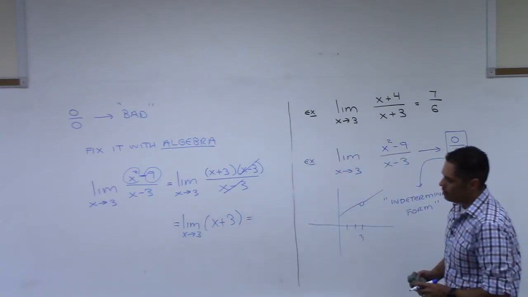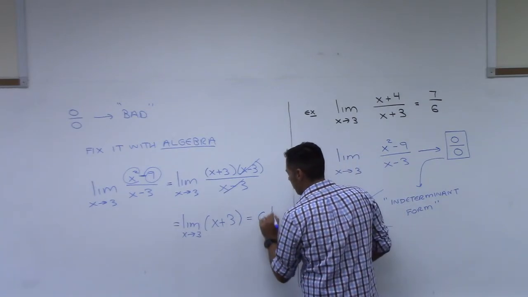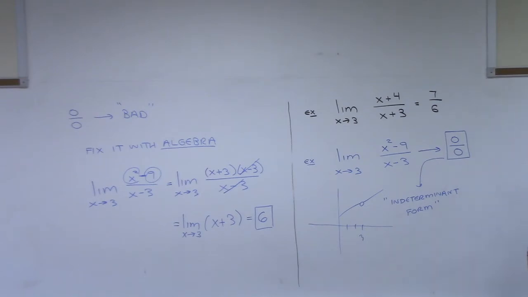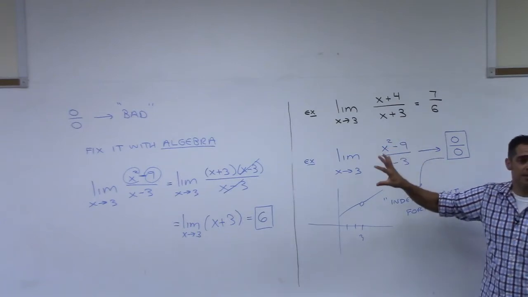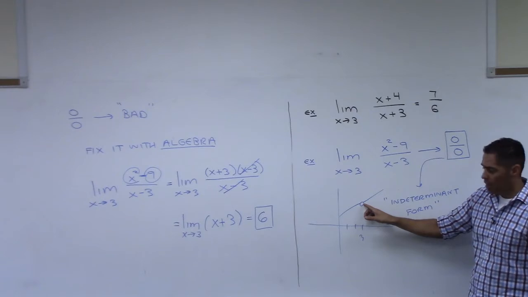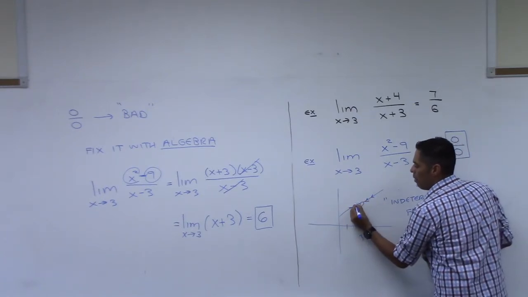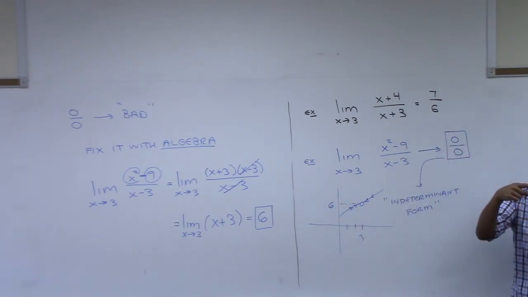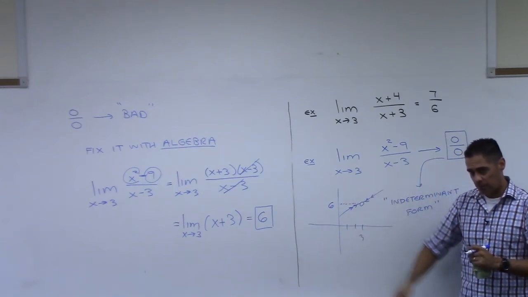You're adding, 3 plus 3, so 6. That means you have a value of 6. So if we were to graph this function, at 3 we would have a hole. Is that clear? But as we came in from the left and from the right, the y value would be approaching 6. Not necessarily ever getting to 6, but getting closer and closer.